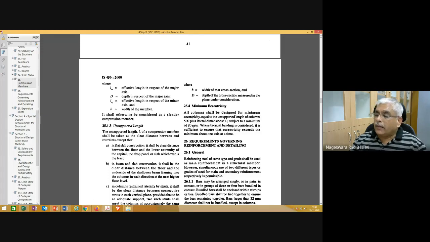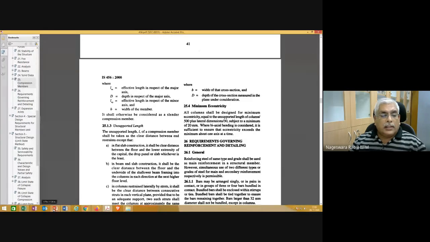Even if the column is subjected to axial load, you need to design for minimum eccentricity. Where biaxial bending is considered, it is sufficient to ensure that the eccentricity exceeds the minimum about one axis at a time.